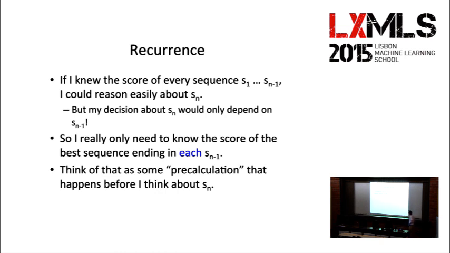More generally, if I knew the score of every sequence, S1 through Sn-1, then I could easily choose the last state. But in fact, this decision, as we just showed, would only depend on the second to last state. I wouldn't have to look at the whole sequence. I really just need to know the score of the best sequence ending in each possible penultimate state.